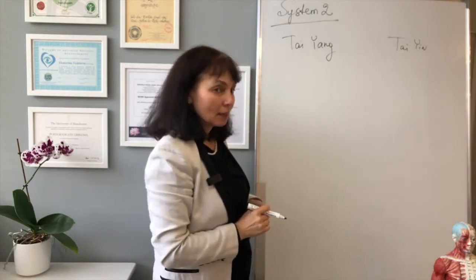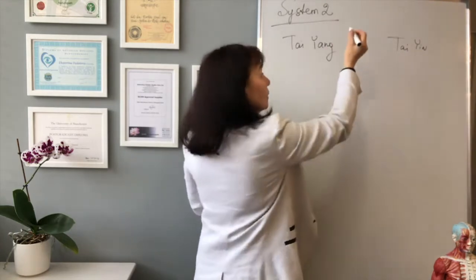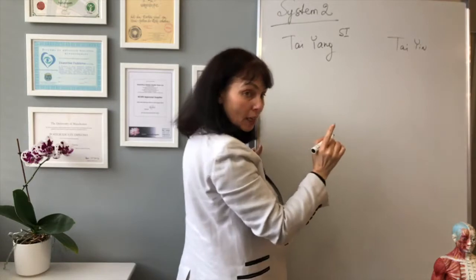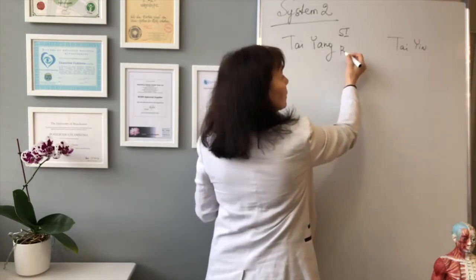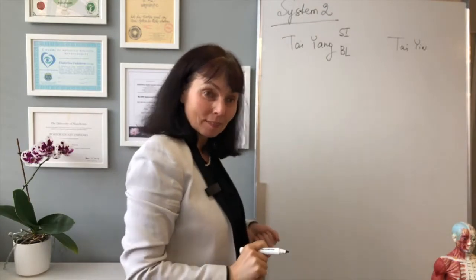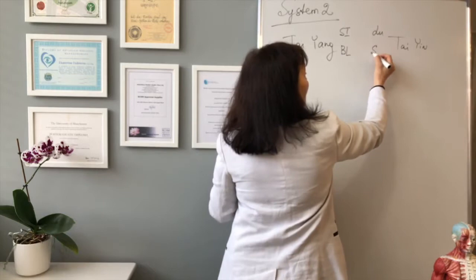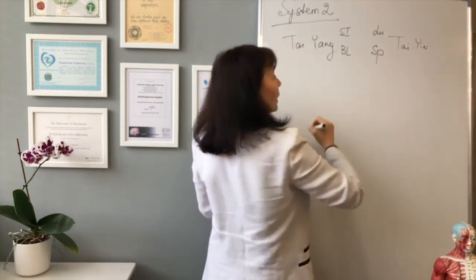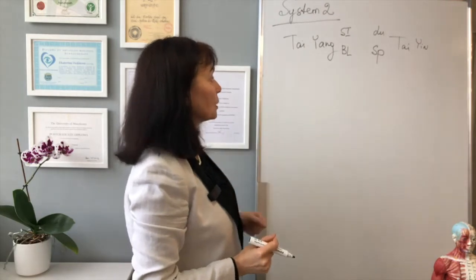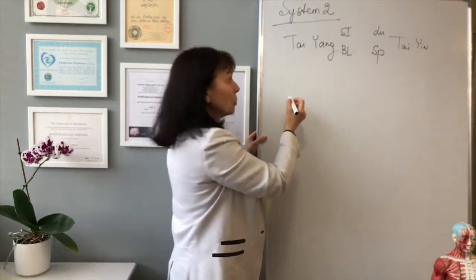What is Taiyang? Bladder. Hand Taiyang is small intestine, and Foot Taiyang is urinary bladder. What about Taiying? Lung. Hand Taiying is always lung, and Foot Taiying is spleen, right? So let's go forward.